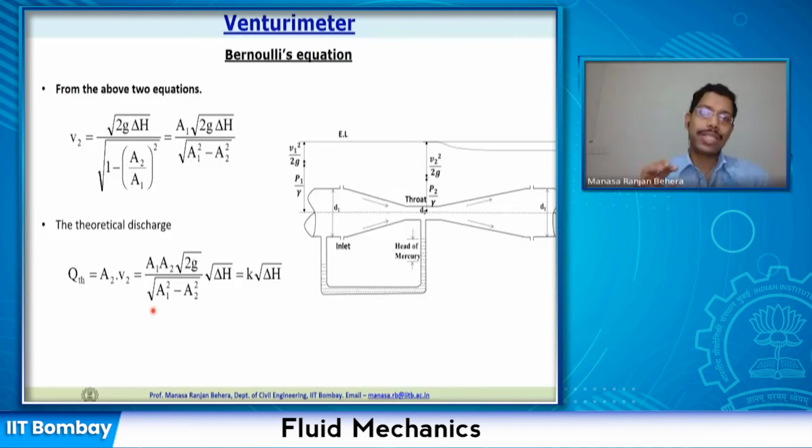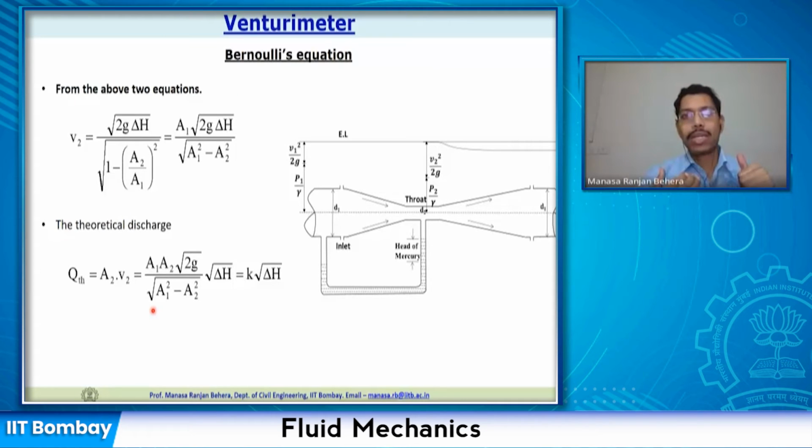Once we find that discharge, that is going to be my actual discharge, and I can calculate my theoretical discharge. The ratio between these two is going to give me the coefficient of discharge. That is basically a correction factor that you multiply with the theoretical discharge to get the actual discharge.